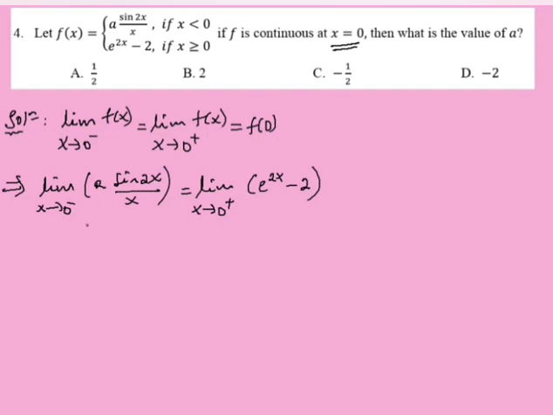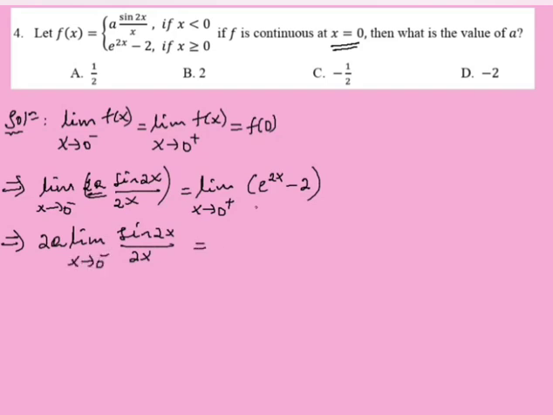Okay, so we need to be very technical here to solve this limit. Here I can make 2 here and 2 here, therefore I can take out this constant, so it can be written as 2a times the limit of sine 2x over 2x as x approaches 0 from the left.